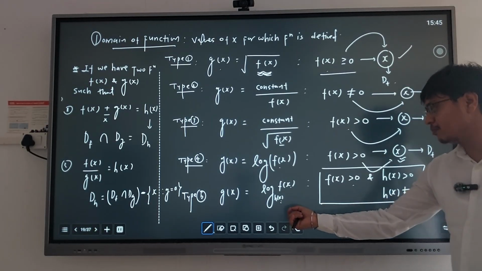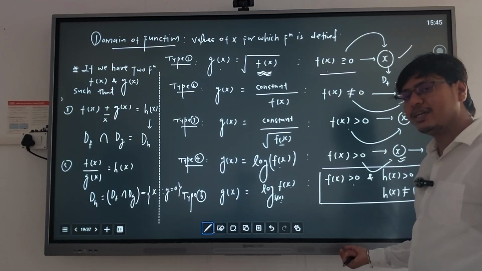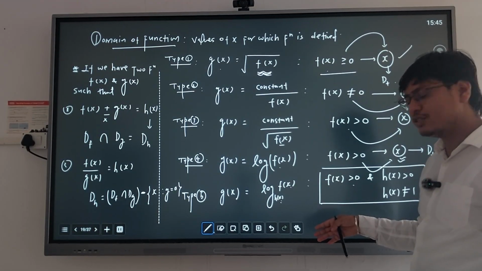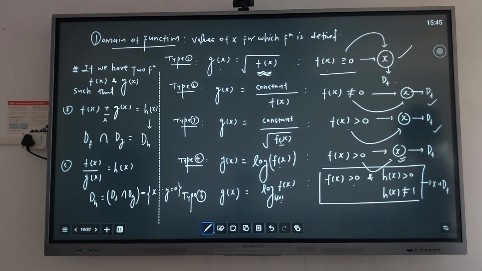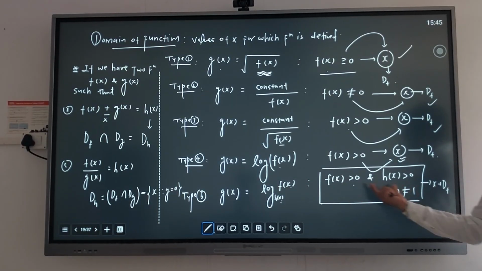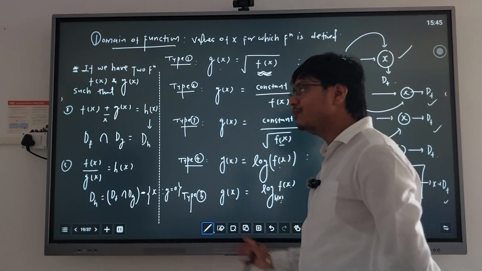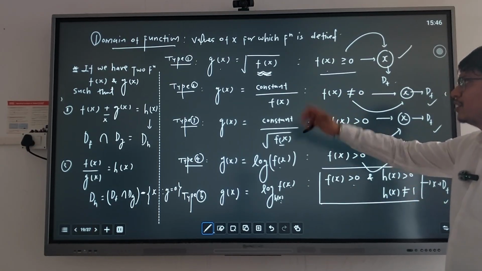Because in the base change theorem it will become the denominator, and the denominator will become log 1, and log 1 is 0, and when the denominator is 0, the function will become undefined. That's why h(x) can never be equal to 1. After taking the intersection of both conditions, we get the final domain of the given expression.